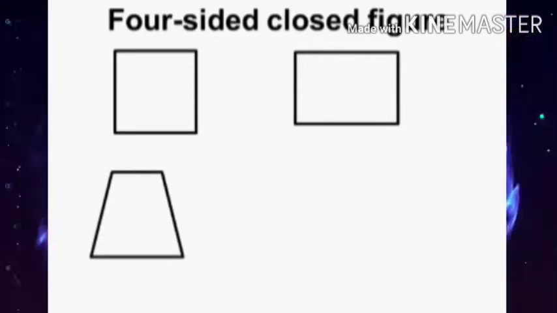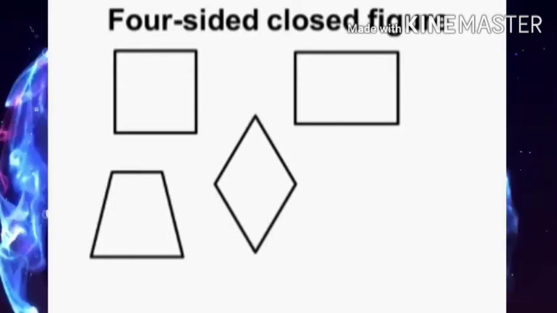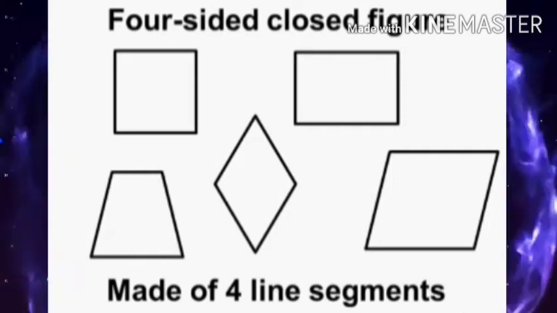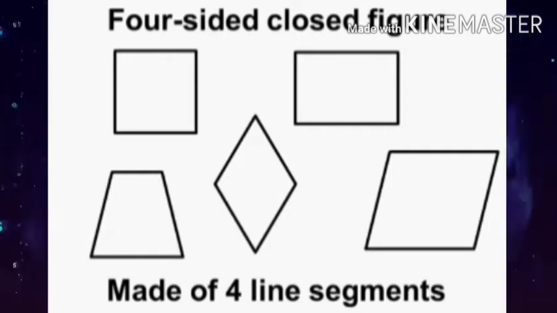Think about it. Trapezium, rhombus, parallelogram. So you have a collection of four-sided closed figures.